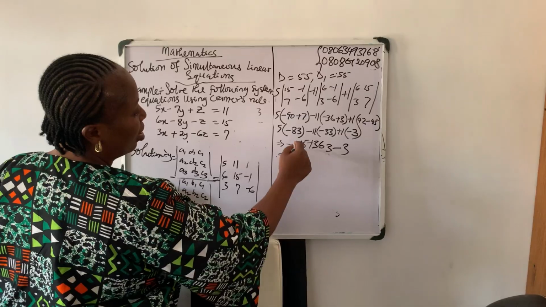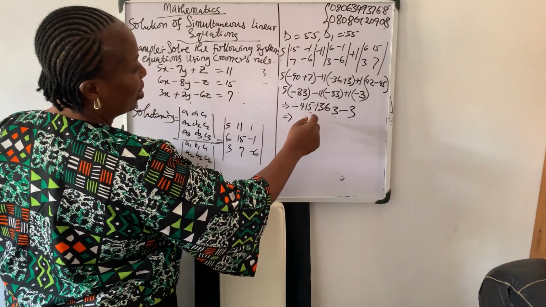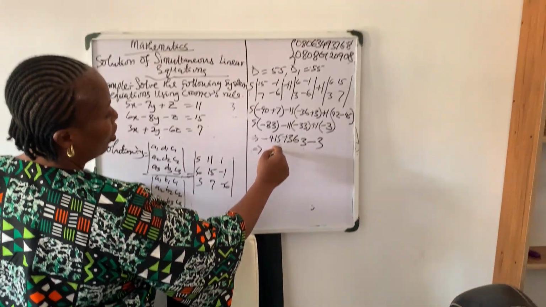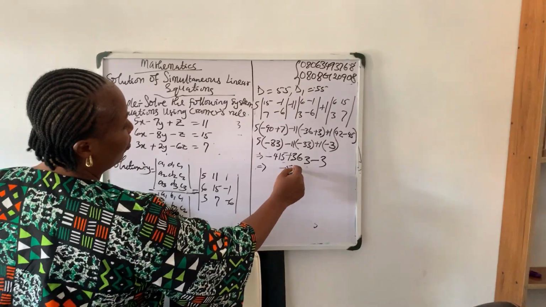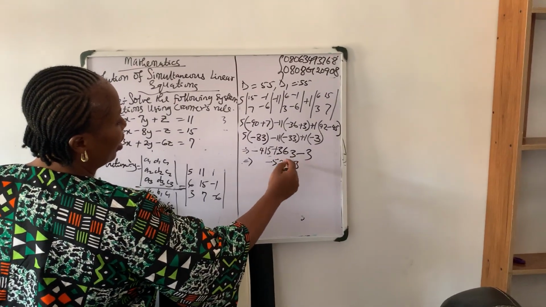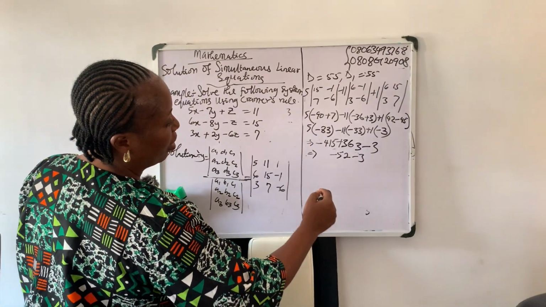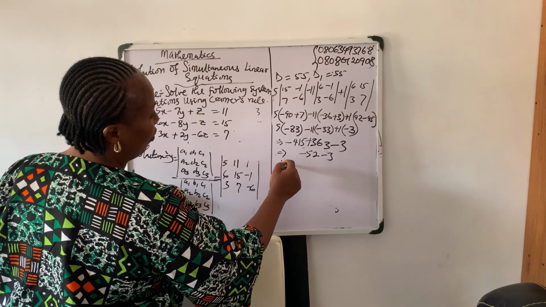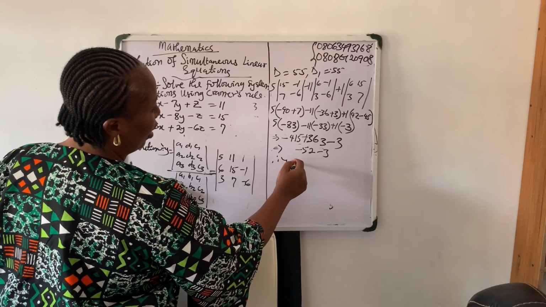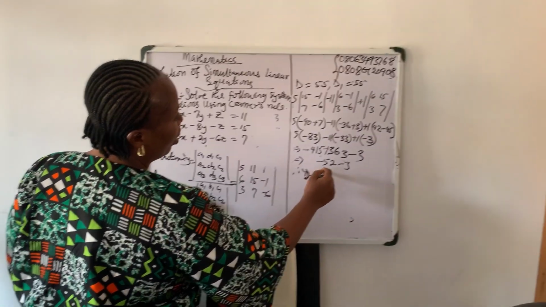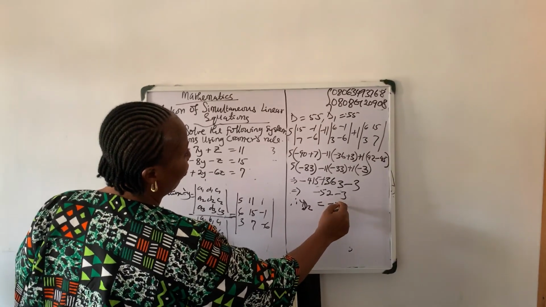Now -415 plus 363 will give us -52, then -3. -52 minus 3 will give us, therefore, our y, which is our d2, equal to -55.